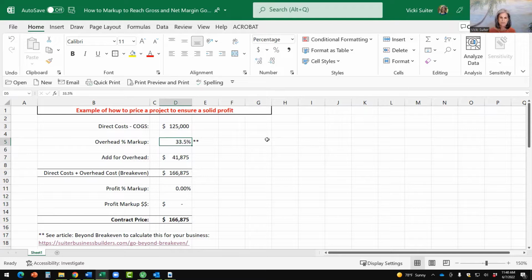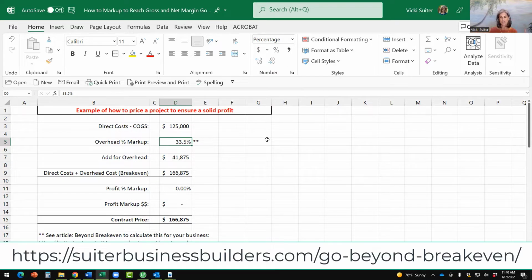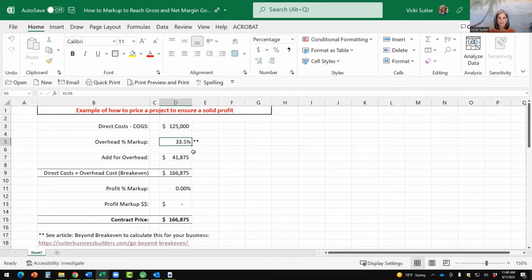And one thing I recommend is that when you calculate your overhead break-even percentage, you use a period of time to do that, at least 6 months and ideally a year. You might look back at the last year or look at what the last 6 months have been and then determine what that break-even percentage is. So when I do this formula, if I mark up the $125,000 by 33.5%, that's an amount of $41,875.